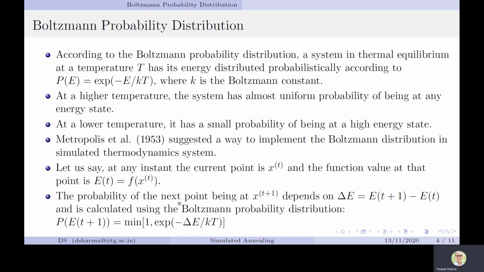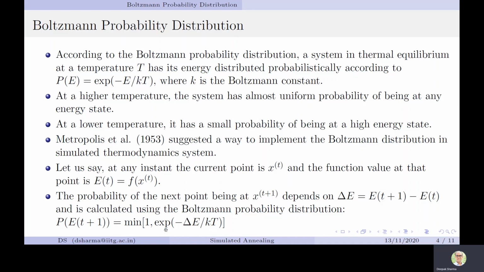The probability of the next point being x_{t+1} depends on delta E, the change in energy, where delta E equals E_{t+1} minus E_t. This is calculated using the Boltzmann probability distribution. The probability of accepting x_{t+1} is the minimum of 1 or exponential of minus delta E divided by kT.